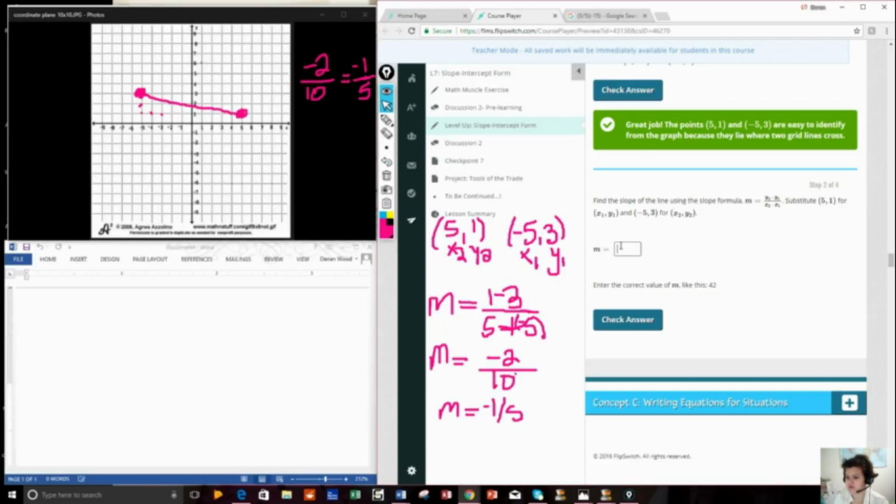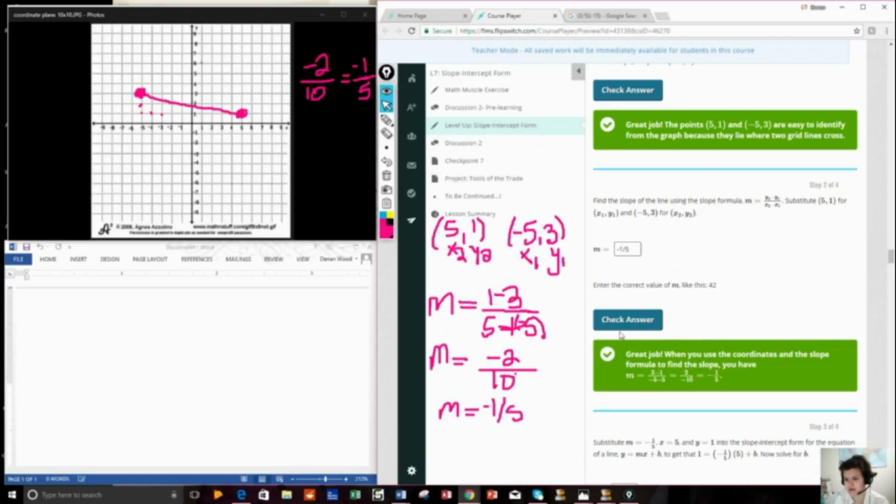Okay, so I'm going to see if they want it in reduced form since we did reduce it. If not, we'll type it back in. Yep. Alright, so it doesn't matter if you switch around both labels to the coordinates. If you're going to change them, you have to change both the x value and the y value.